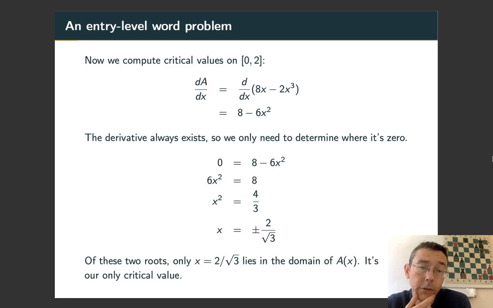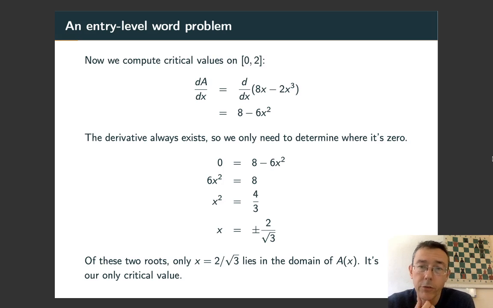Okay, now we're all set to do that closed interval method. We want to find critical values that are on the interval 0, 2. So we differentiate, we set equal to 0. I get 8 minus 6x squared for the derivative, set it equal to 0. Move the 6x squared to the other side, divide by 6 to get x squared equals 4/3. Take a square root and get x equals plus or minus 2 over the square root of 3.